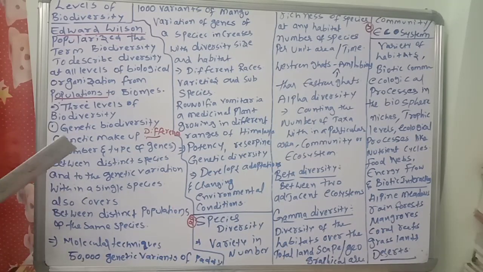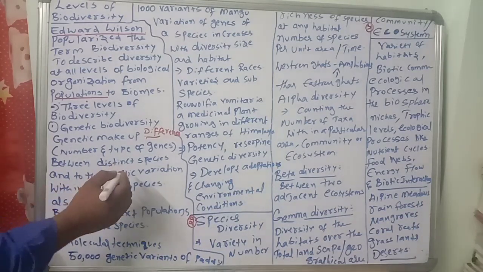See here, genetic biodiversity: genetic makeup between distinct species, and genetic variation between distinct populations of the same species.